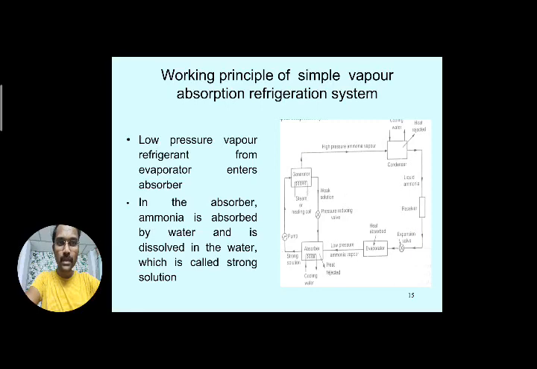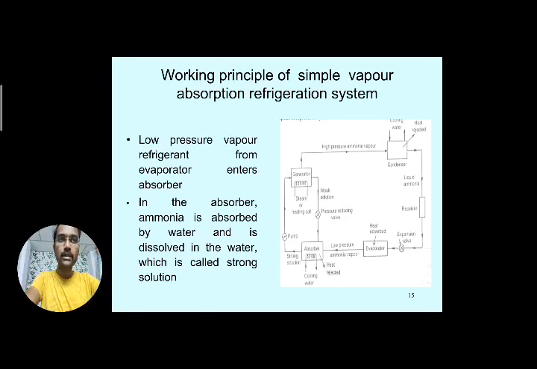Pressure drop takes place, and with low pressure it is sent into the absorber. So in the absorber you can see that the low pressure weak solution is present here. Whenever the ammonia vapor comes from the evaporator, the ammonia is absorbed by the water. So it is again mixing with the water.